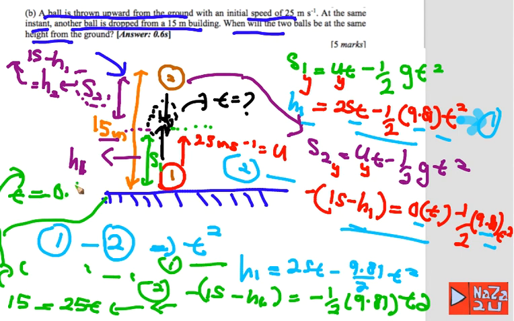So this is the final answer: the time taken for the two balls to be at the same height from the ground, meaning they have the same displacement. Okay class, that's all. Thank you.